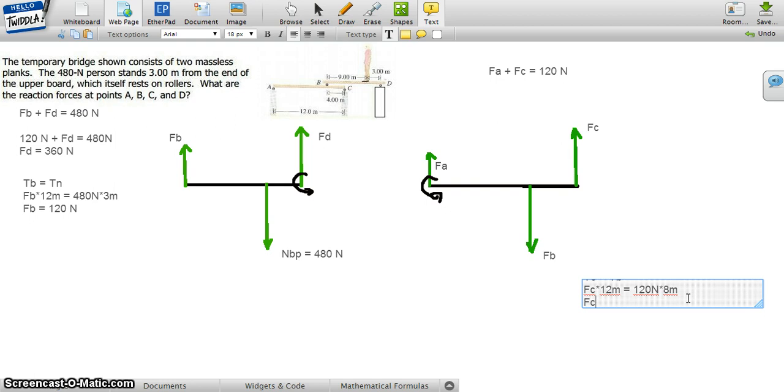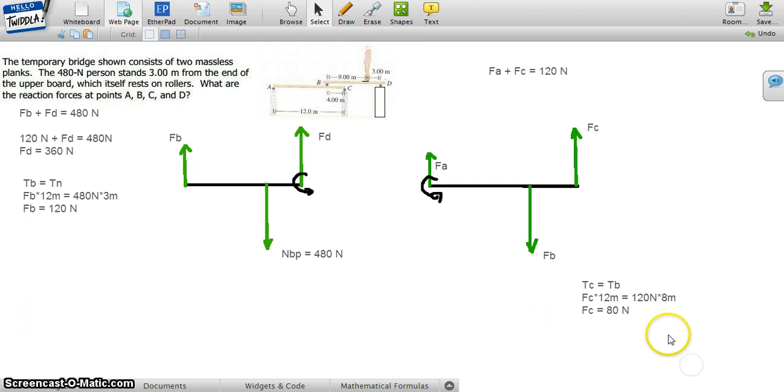And so I could figure out the force of C, which is going to be equal to 80 newtons. And once I know that force, then I can come up here and modify this equation. So force of A plus this 80 newtons is equal to 120 newtons, which means the force of A is equal to 40 newtons.